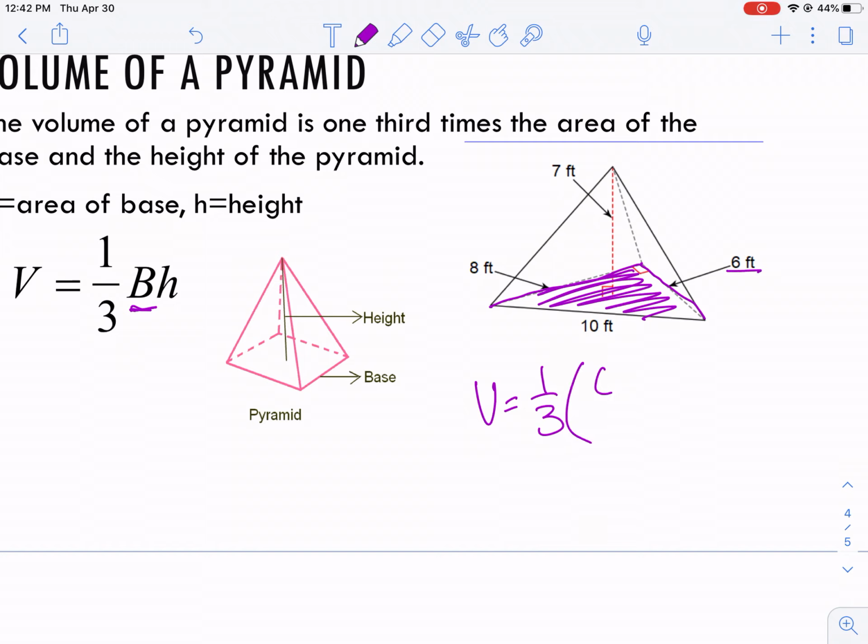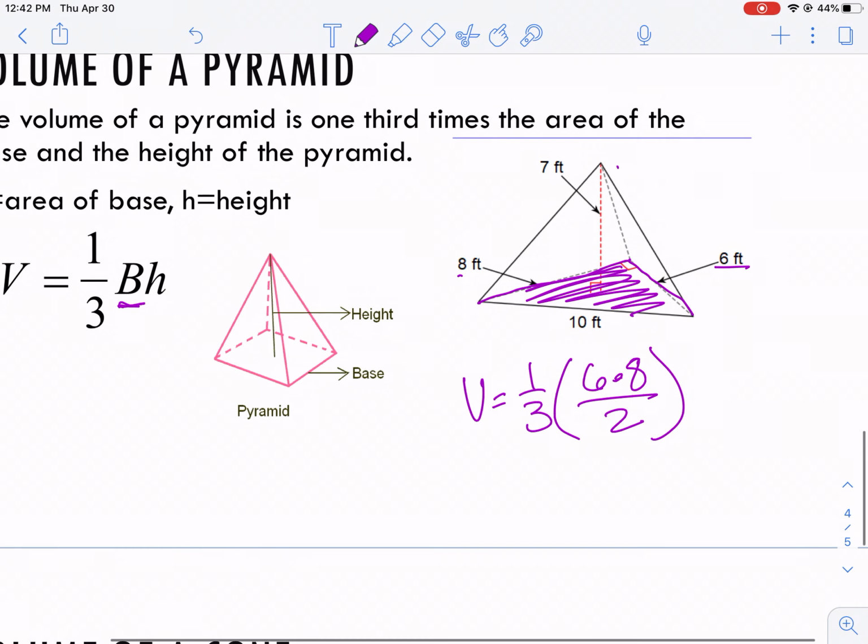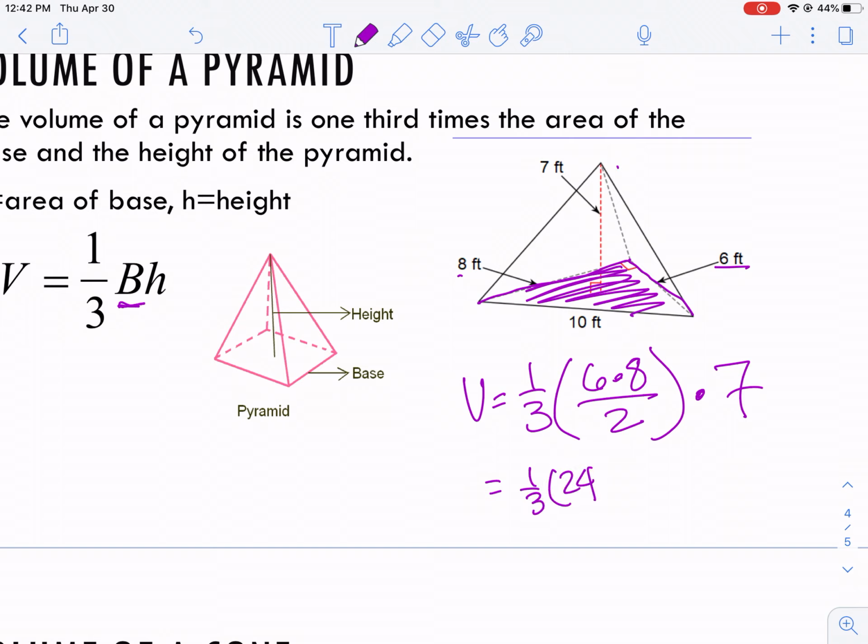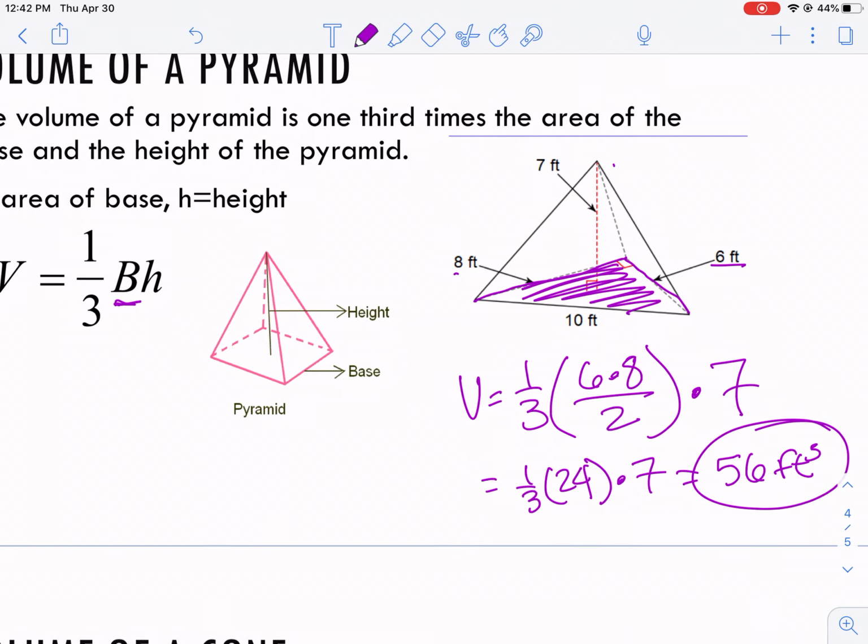It's base times height of that base triangle, and then you divide it by 2. And then the height of this pyramid is this one that's going straight up, and that's the 7 feet. Okay, so I'm going to do 6 times 8 divided by 2. So that's 1/3 times 24 times 7. So that gives me 56 feet cubed. And that's the volume for that one.